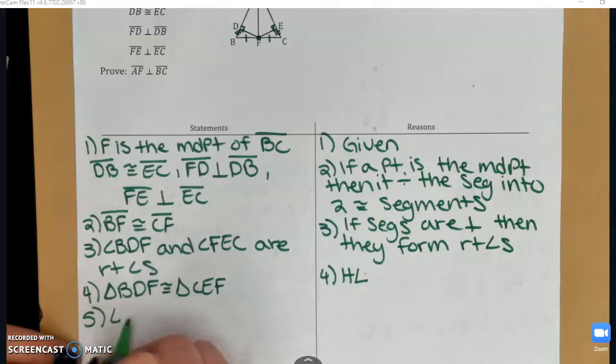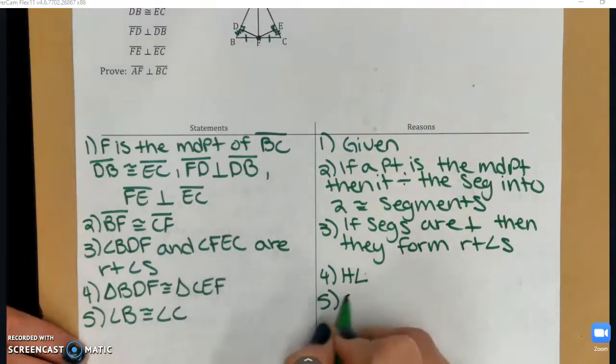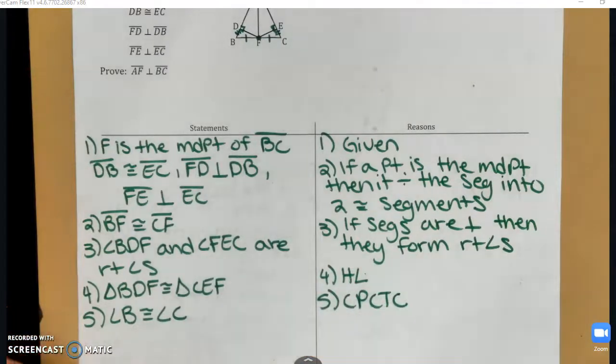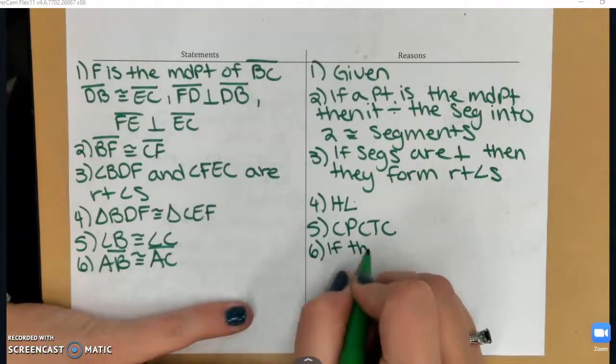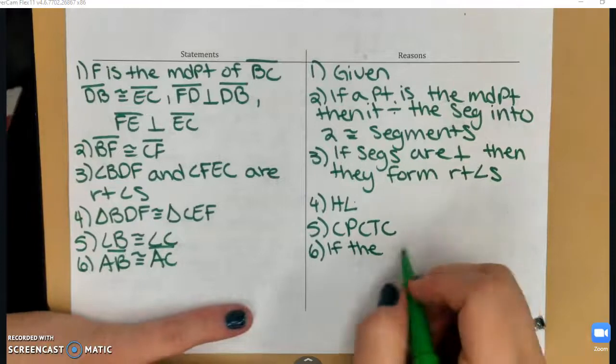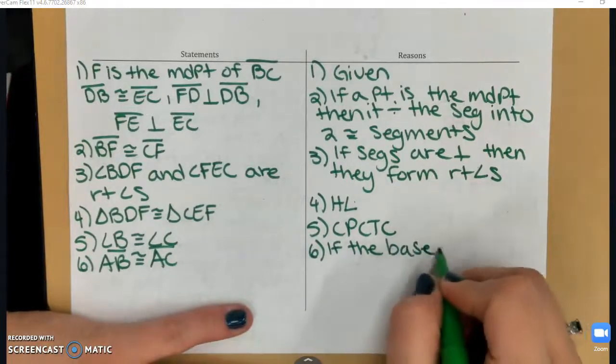I know that angle B is congruent to angle C because of CPCTC, which means that AB is congruent to AC because in a triangle, if the base angles are congruent, then the sides opposite them are congruent.